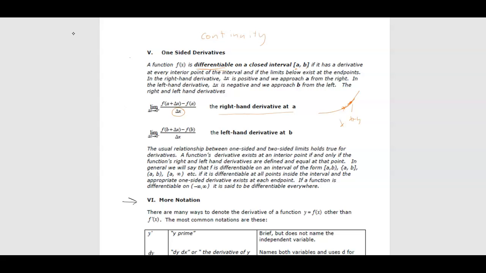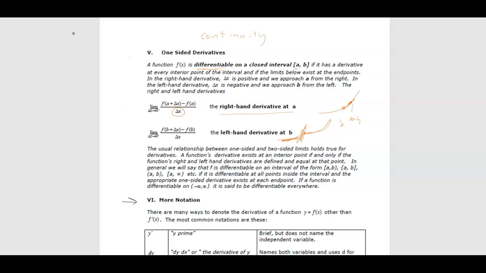Now, if the function is continuous, the right-hand derivative and the left-hand derivative would be the same. But if you had a function that changed, went like that, and then suddenly jumped down, the derivative in this function might be totally different. Might be a line here, might be a parabola there. You might have different right-hand and left-hand limits, in which case, at this point of the jump, and this is not drawn very well, admittedly, you would not have a derivative.